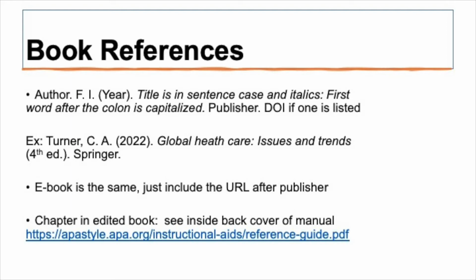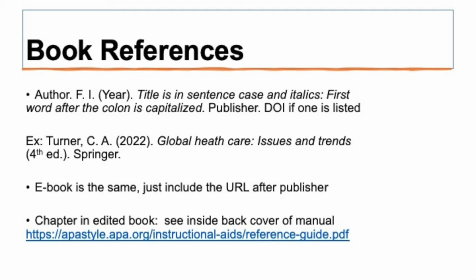And if the book has a DOI, APA says to put the DOI, if there's one listed, and more books now are being published with DOIs. One thing about a DOI is after you put the DOI, you never put a period after it.